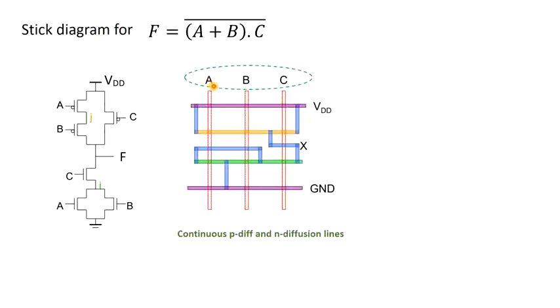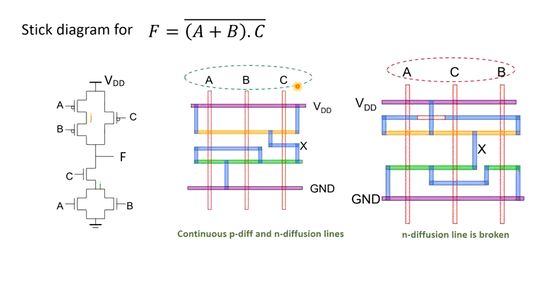But see here, we have used the ordering of gates in this fashion: A, B and C. Is there any reason? We could have used a different fashion. For example, we could have used the ordering A, C, B. What is the difference?